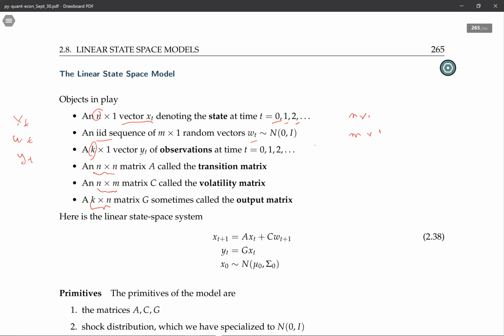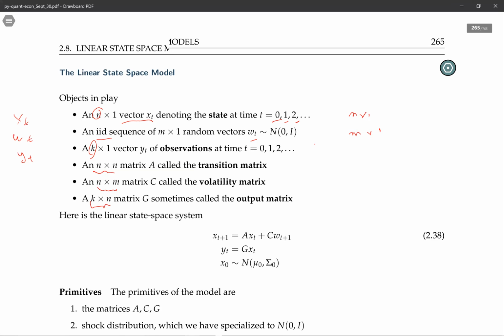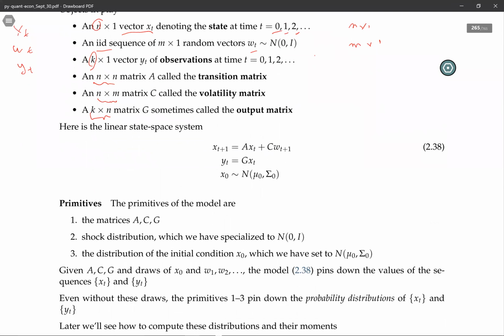And so we're ready to talk about our linear state space system. It's going to consist of the two equations, which we're going to stare at. This first equation, we could call the transition equation, or the law of motion.